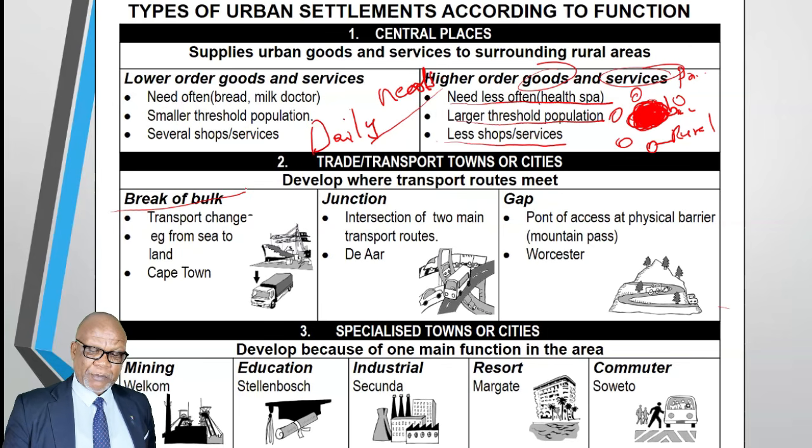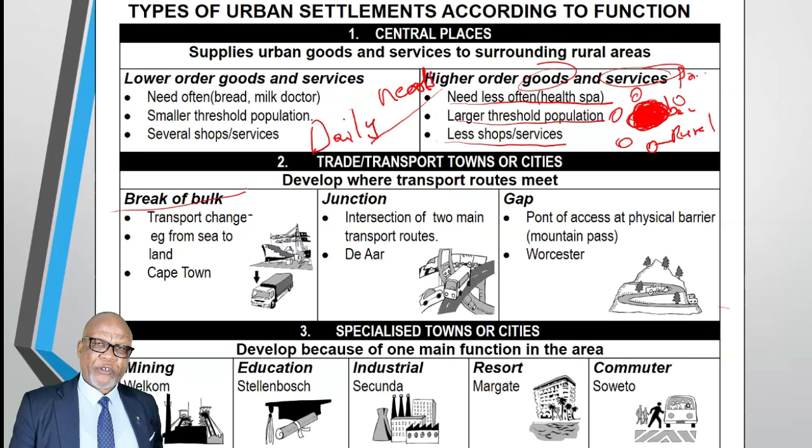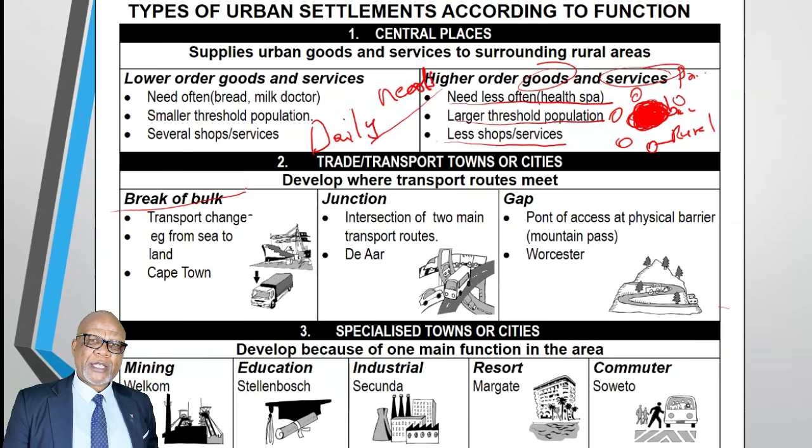So that makes it a break of bulk point. You're looking at Cape Town, you're looking at Durban, all coastal areas where one mode of transport is replaced by another. So a break of bulk point simply refers to where one mode of transport is replaced by another.